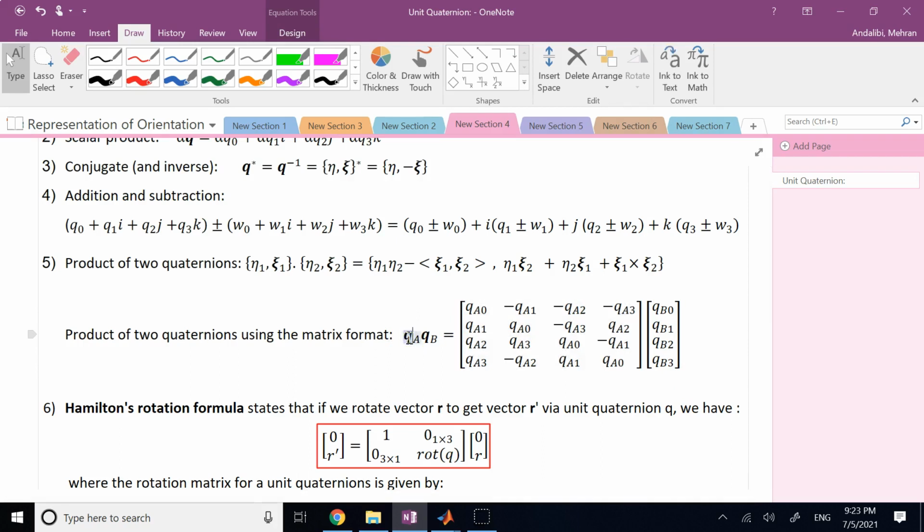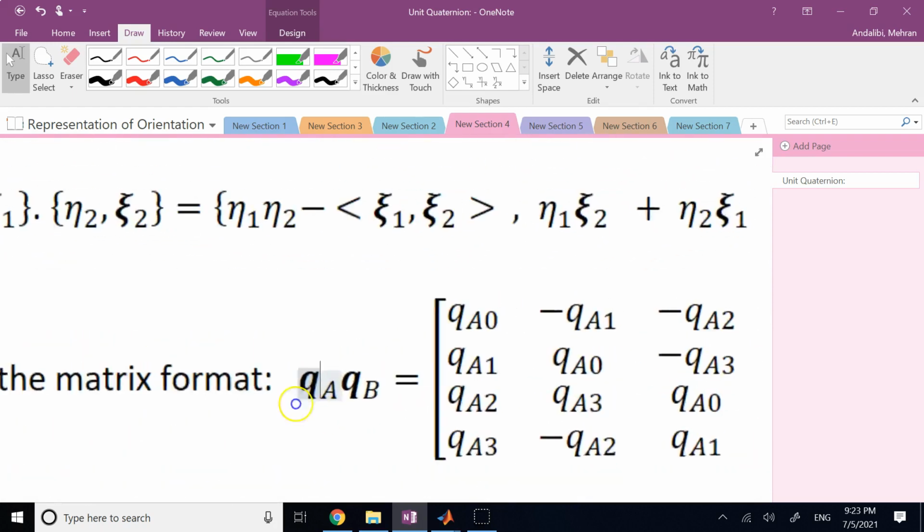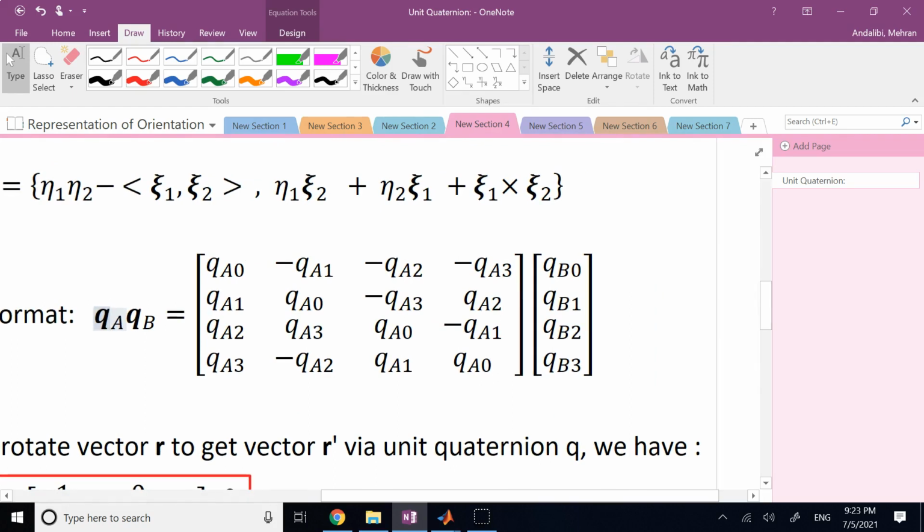And the way that you form that 4x4 matrix has some rule, okay? So the way you do it is this. This 4x4 matrix that is formed by QA has the real part of QA on the diagonal. The real part goes all on the diagonal.